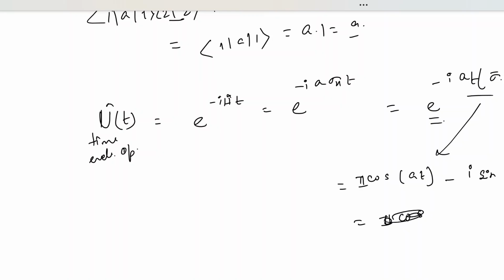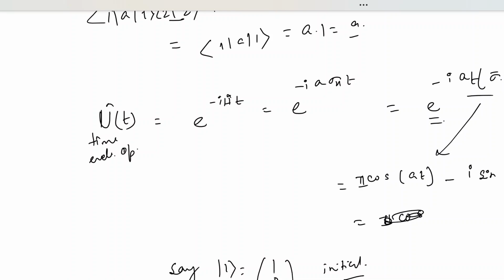Okay, so here theta equal to at in this case. So then if you say state 1 is your initial state, so psi 0 equal to 1 equal to (1, 0), then what will be psi t for t greater than 0?